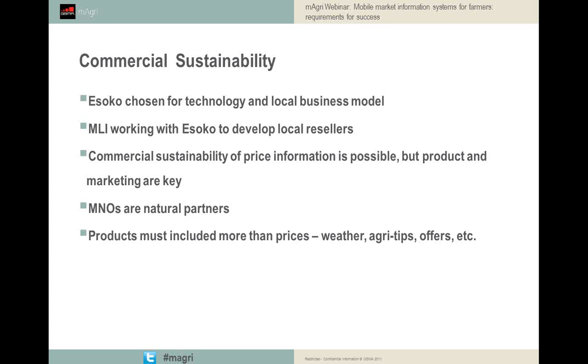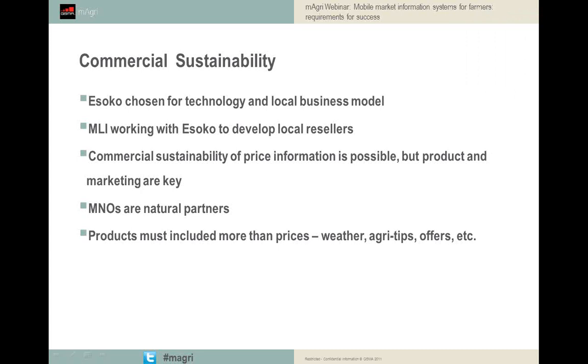So we've been working with Esoko and with local partners here to develop a reseller network and a sort of commercial infrastructure.